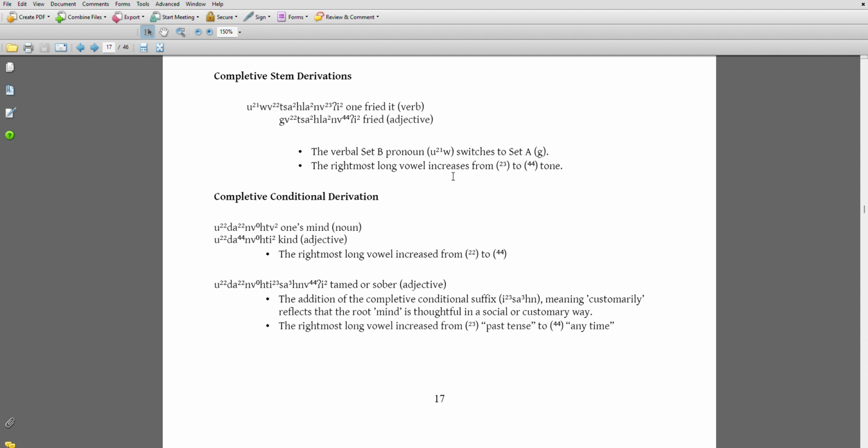We can then say a word like udantisanai. That means tamed or sober. The addition of the completive conditional suffix isan, meaning customarily, reflects that the root mind is thoughtful in a social or customary way. The rightmost long vowel increased from 2-3 past tense to 4-4 anytime.